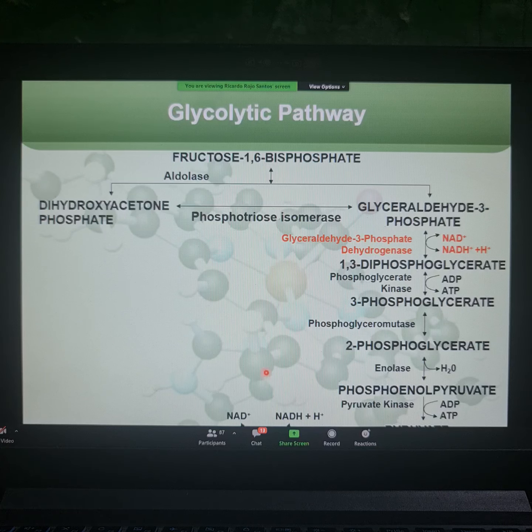So what happens? You produce 2 NADH. So 2 NADH will enter the electron transport chain. Okay? The P/O ratio is 2.5 times 2. That's a total of 5 moles of ATP.